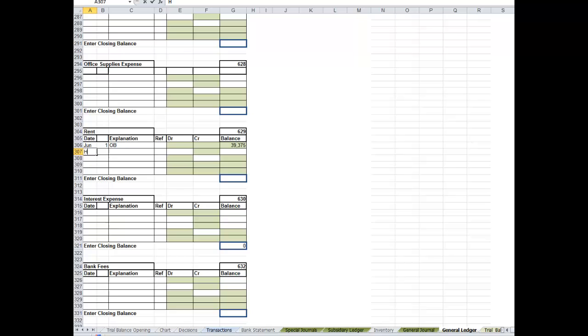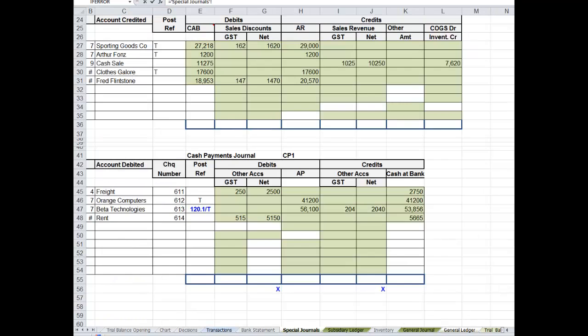Now this will be June 14. And we know it's 5155, but I'll just go back to the entry. It's 5150. That goes in. We completely update it.